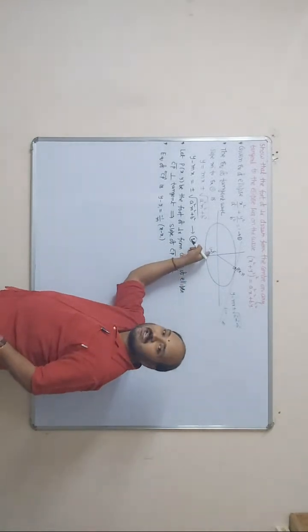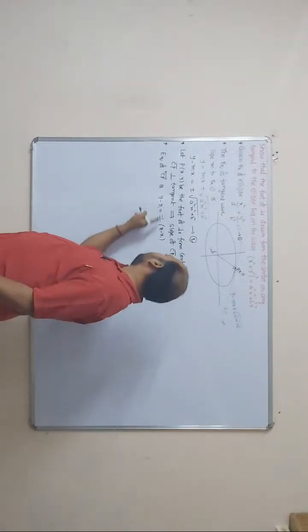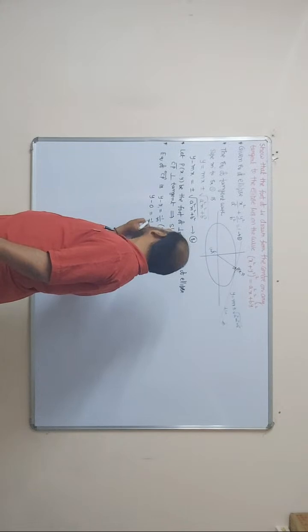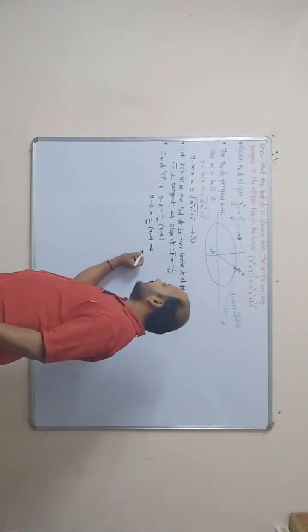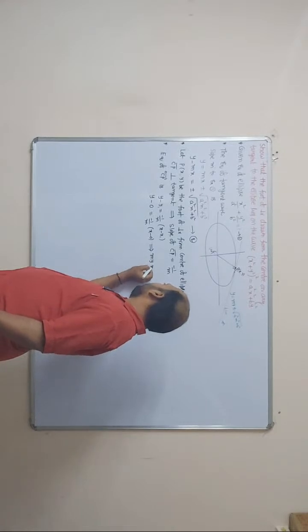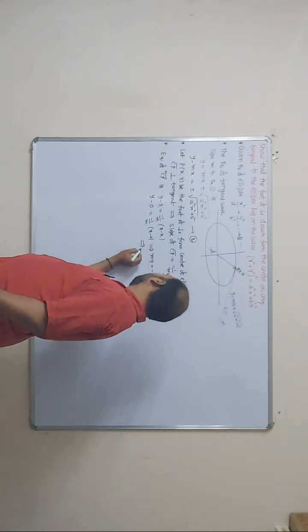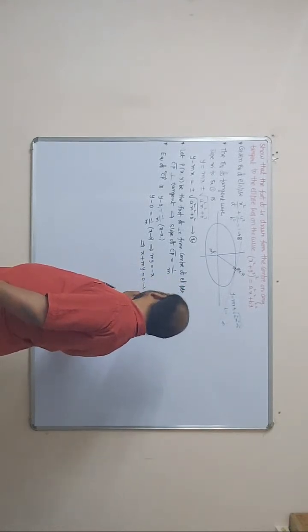It is passing through the center, because it is drawn from the center of the ellipse, so replace x1 and y1 with 0. y minus 0 equal to minus 1 by m into x minus 0. That implies, cross multiplying, my is equal to minus x, that is x plus my is equal to 0. Keep it as equation number 3.